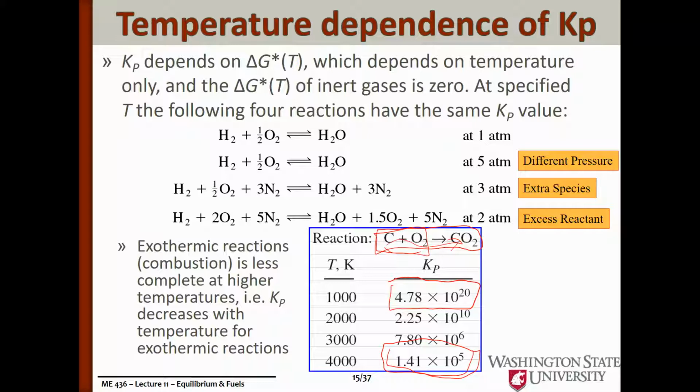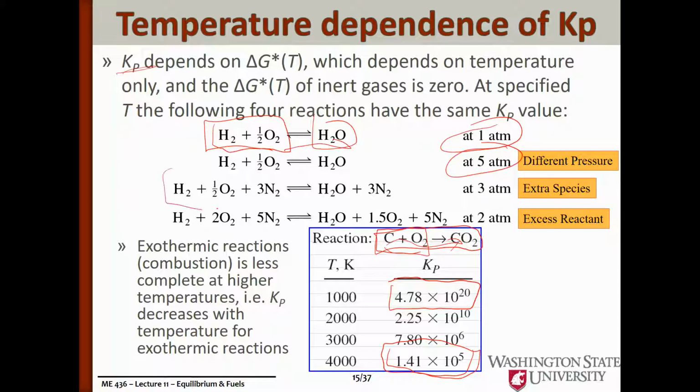The other point I want to make is that this equilibrium constant depends on temperature, not pressure, not the species that don't participate in the reaction. So if I have a reaction of hydrogen and oxygen burning, or becoming water, the equilibrium constant for a given temperature, let's say 1000 degrees, is going to be the same at 1 atmosphere as it is at 5 atmospheres.